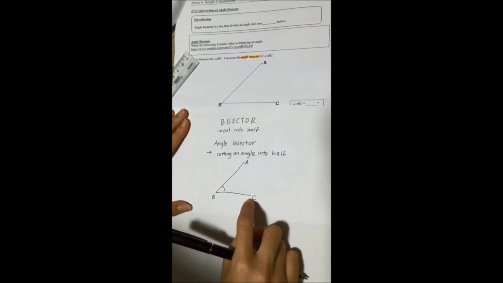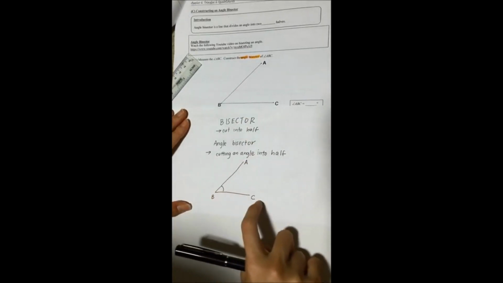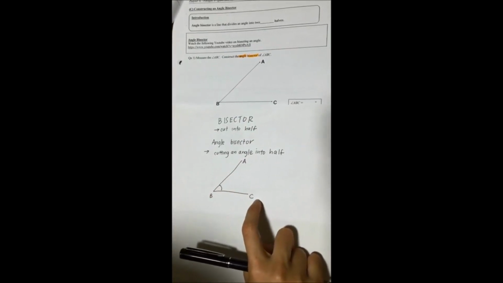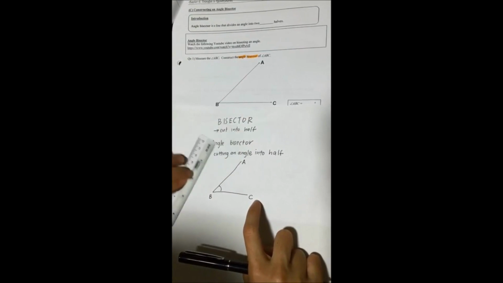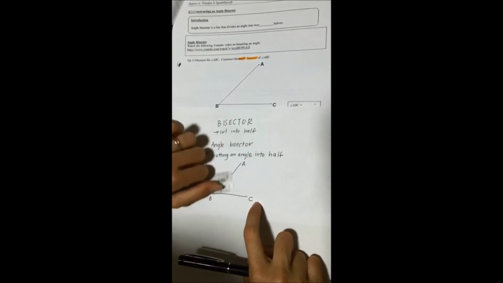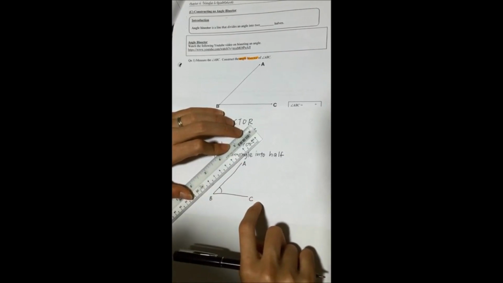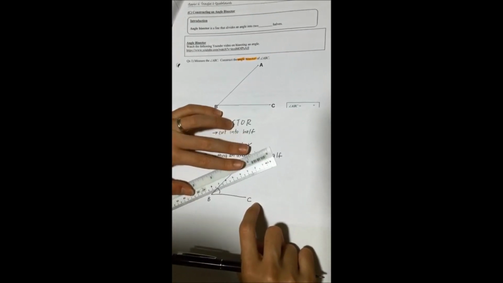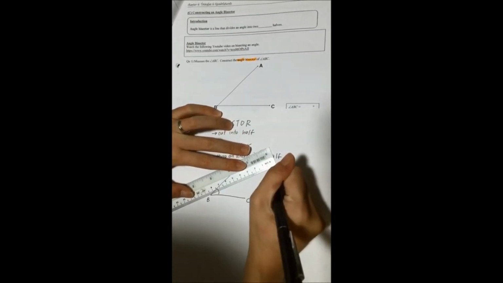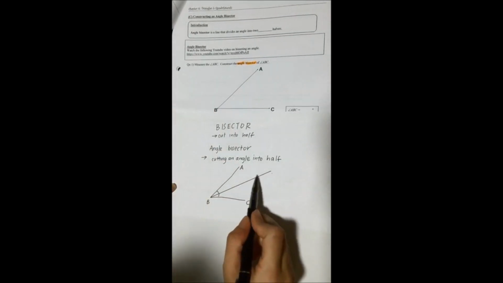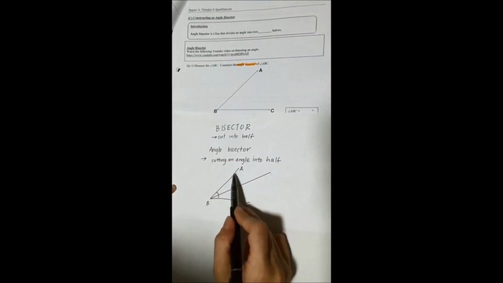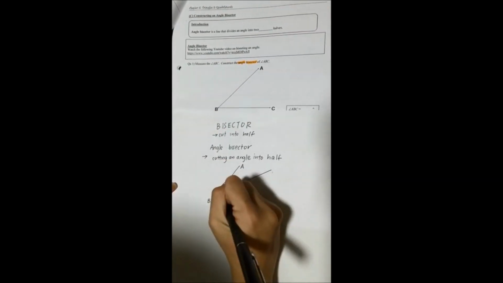I want to construct an angle bisector of ABC. Meaning that I want to have a line that cuts ABC into half. So my final outcome should be something like that. This line will cut angle ABC into half.